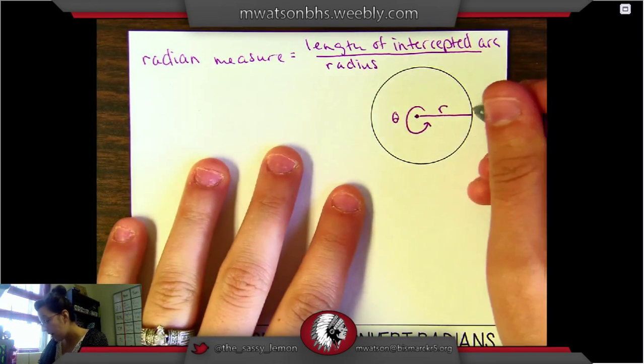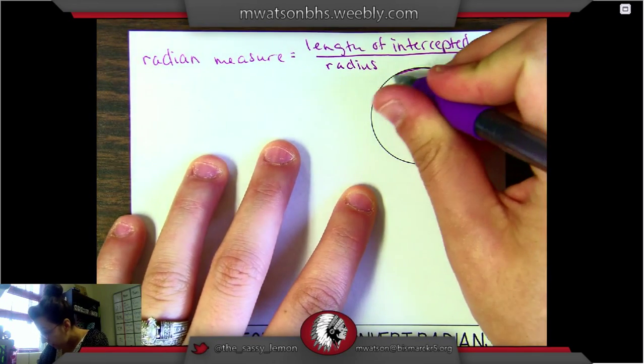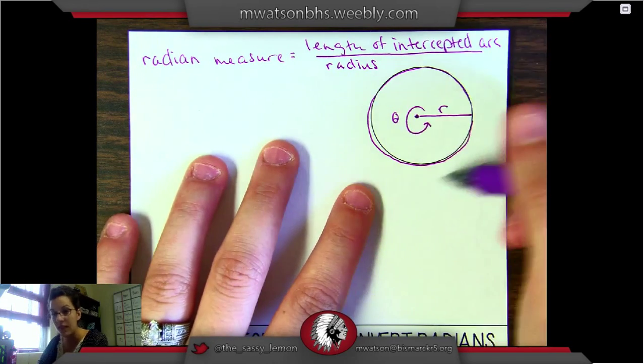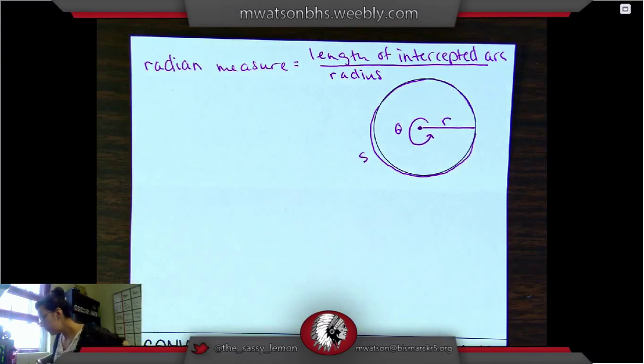And now the arc length would then be all the way around the circle. So if you can see, I'm tracing all the way around, and that's our arc length, S. Now here's where it gets interesting, because all the way around the circle, we have a formula for that. That's called the circumference.